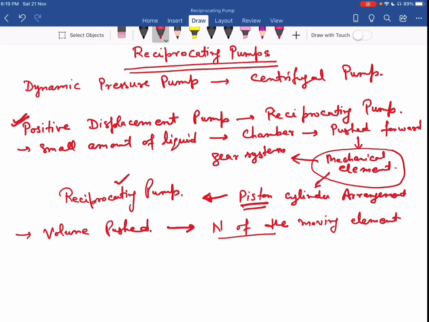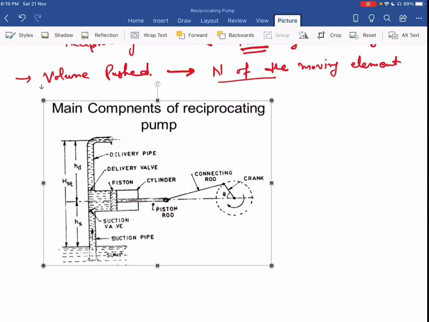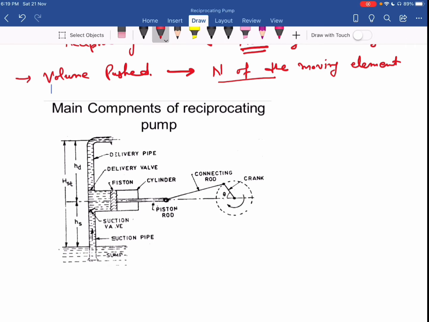Next we see the main components of the reciprocating pump. One is the sump. You can see here the sump, there is a suction pipe, a delivery pipe, and a piston cylinder arrangement.